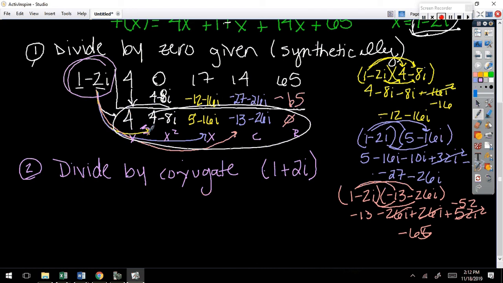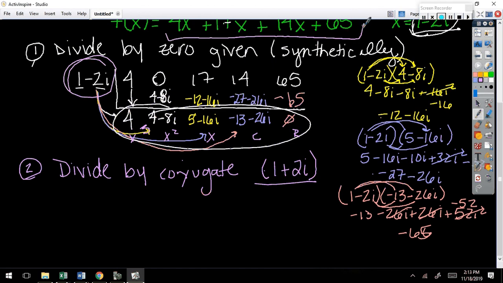So I'm going to have to divide by 1 plus 2i to see if I can get this broken down a little bit further. Now, the nice thing is, if it's a factor of the whole big polynomial, then it's also a factor of each of the terms, right?